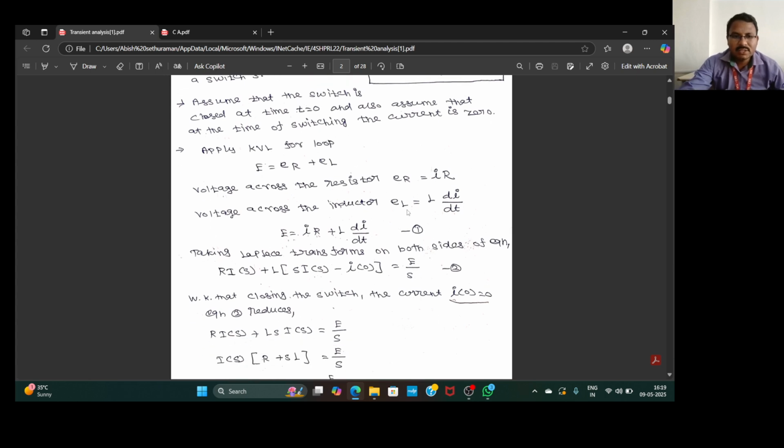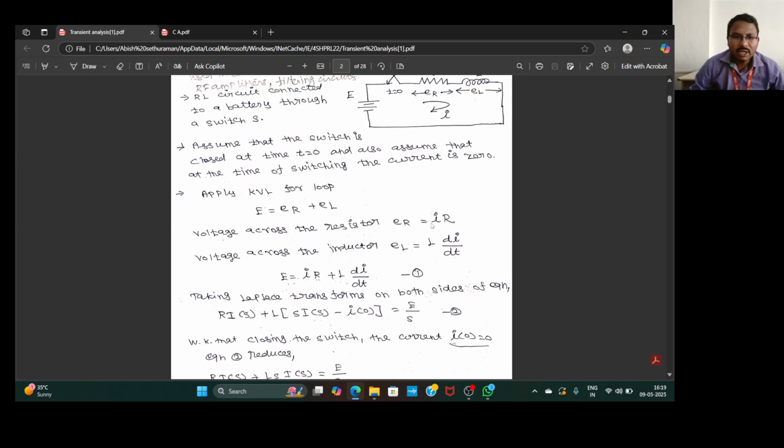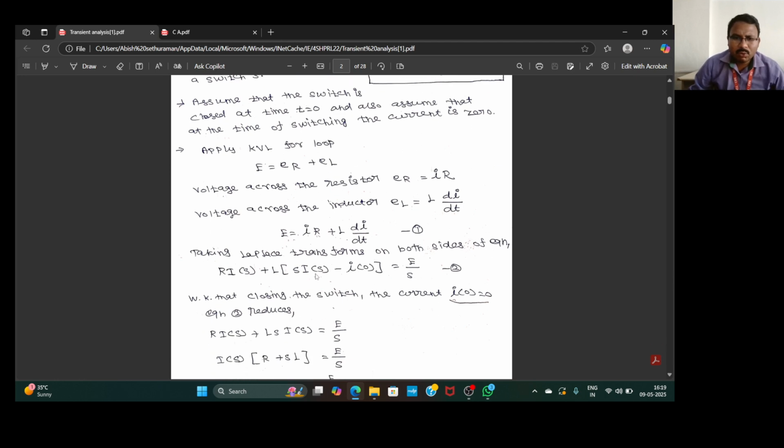The voltage across the resistor, ER, we know is I into R. The voltage across the inductor, EL, is equal to L into di by dt, since it is an inductor. So this is equation number 1.